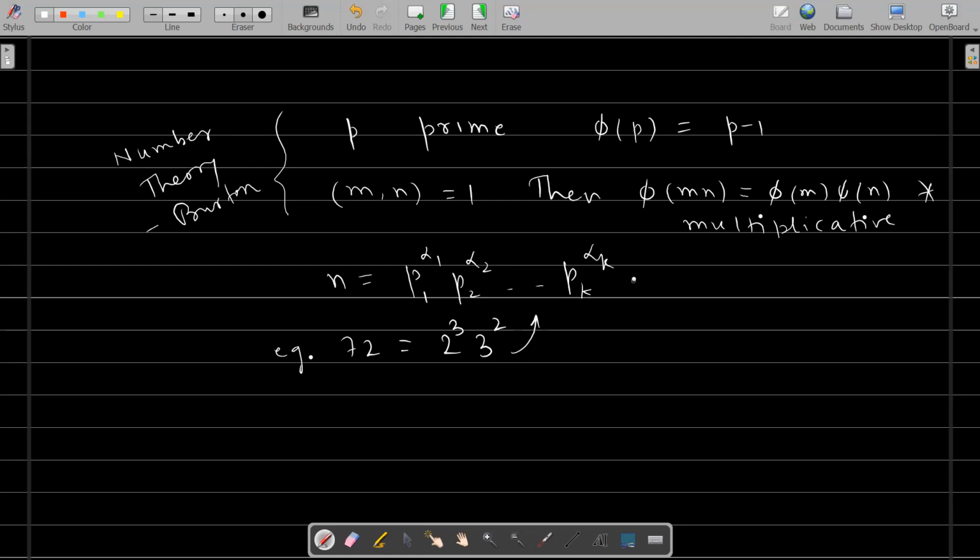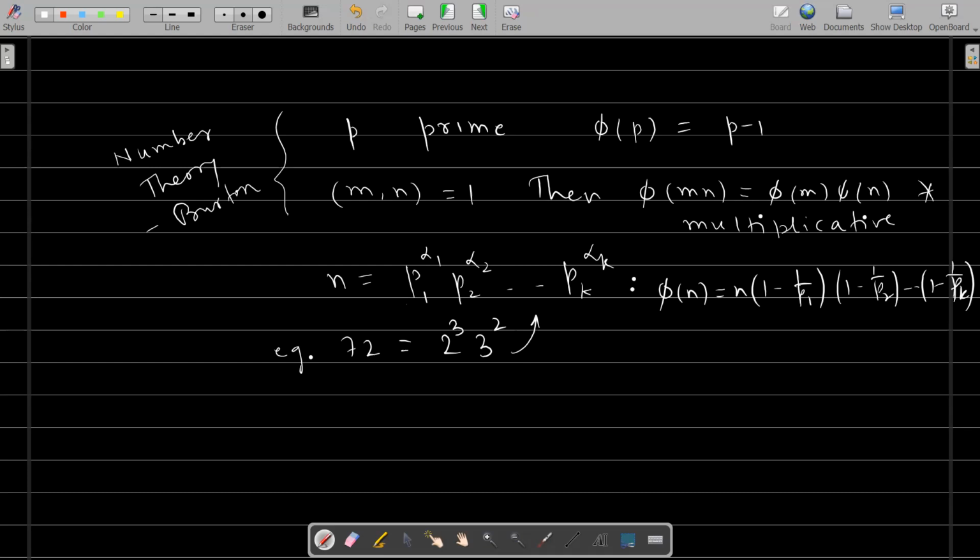Then phi of n has a formula: n into 1 minus 1 by p1, 1 minus 1 by p2, and so on up to 1 minus 1 by pk. Sir, I didn't understand this n equals statement. There is a formula for phi of n in terms of its prime factorization.